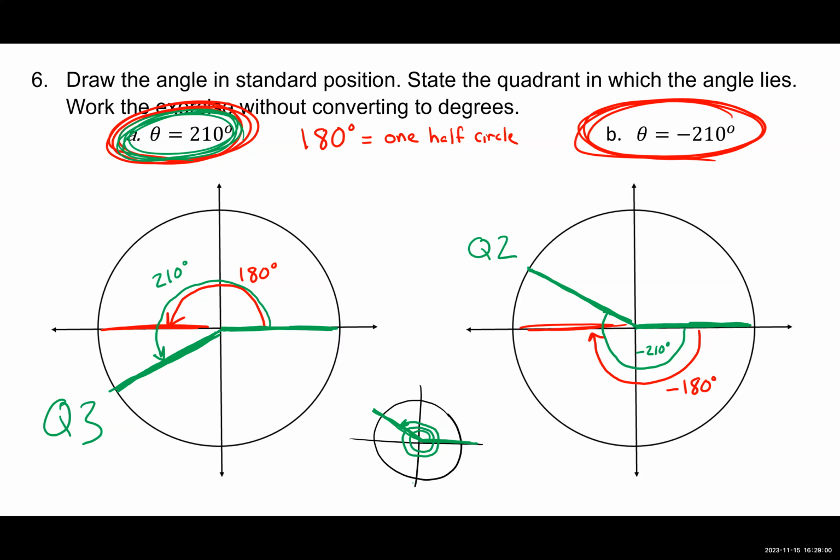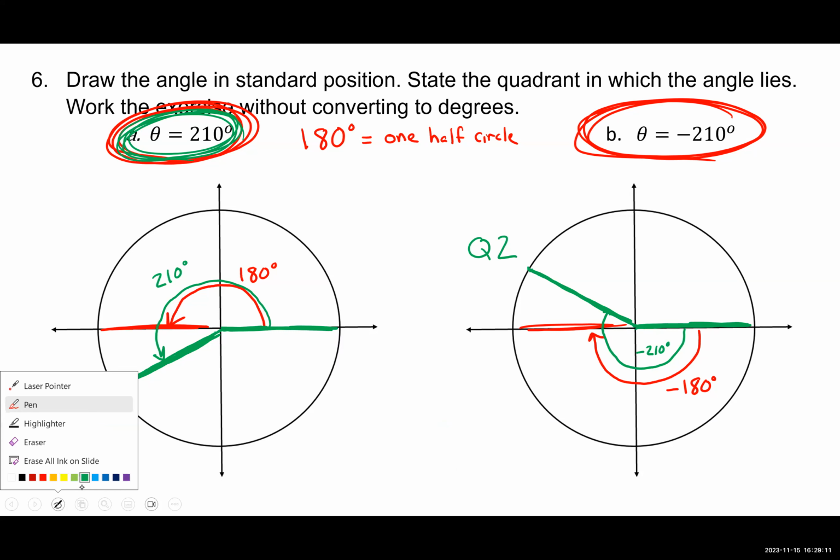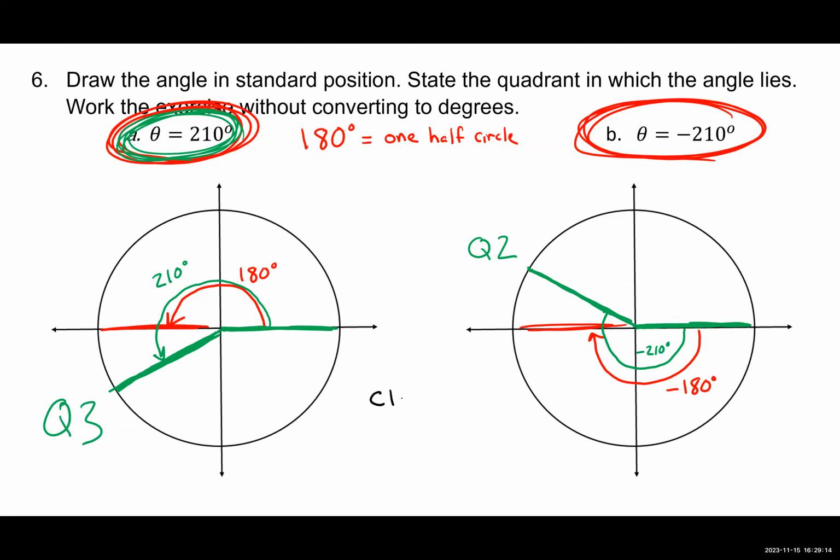So we have the potential for 2 different angles putting you in the same spot. Think about a clock. This clock right now says 1 o'clock.